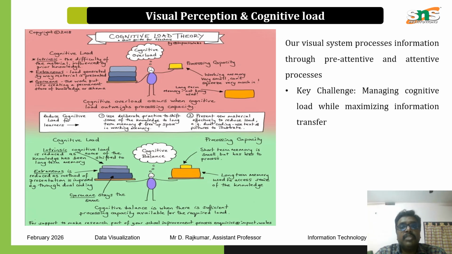Next is visual perception and cognitive load. Whenever we see something, our brain processes it immediately, and it goes back to pre-stored memory and fetches all the information regarding whatever we are seeing. For example, how are we able to identify an apple?